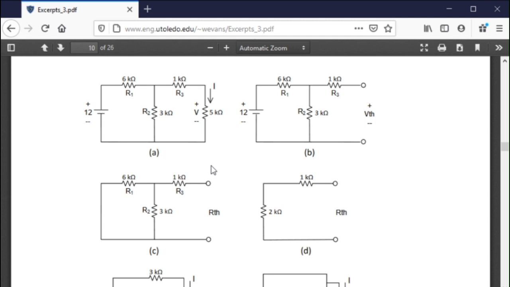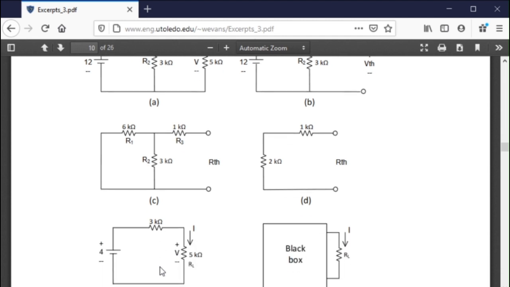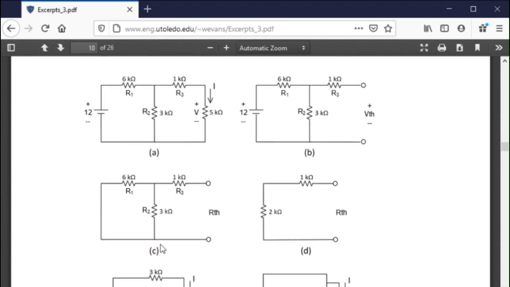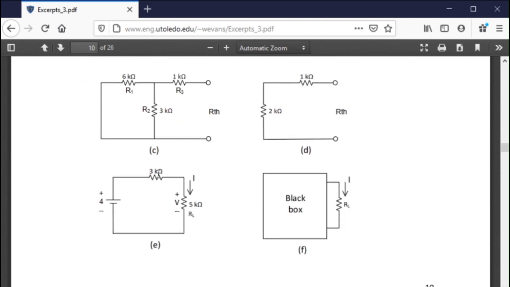And that's my 3K right there. And I go with my 12 volts and the 3 over 3 plus 6 voltage divider, which gives me what? 4 volts. So basically, I took the 3K and the 4 volts, and I used them to find this I out here, this I across this 5K.